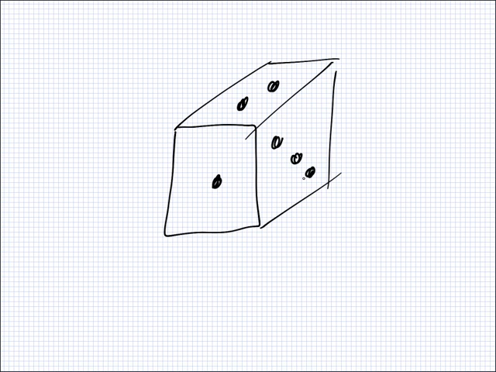A box. I wouldn't say rectangular. What would you say a box is? Guys, what would a box be? A box, like this. A paper box, like this. What shape would that be?